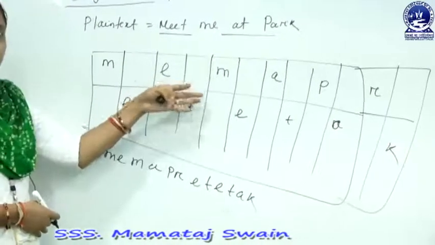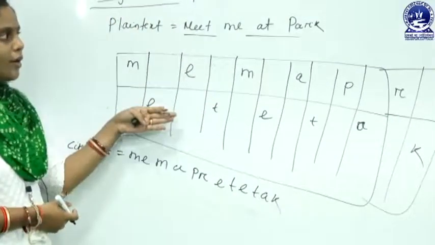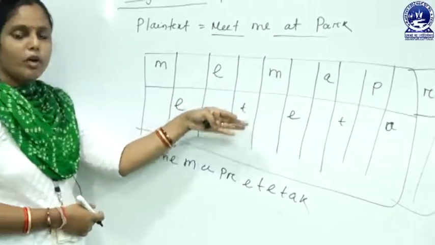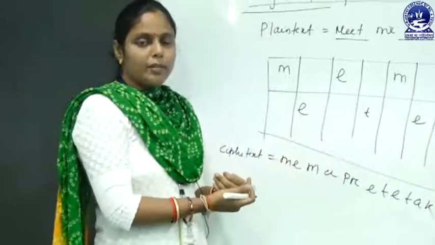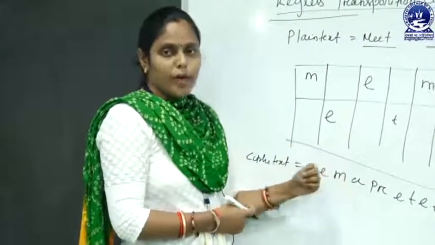This is the first technique of the keyless transposition cipher, where we write our plain text in a table column by column, and from that we create our ciphertext by reading the table row by row.